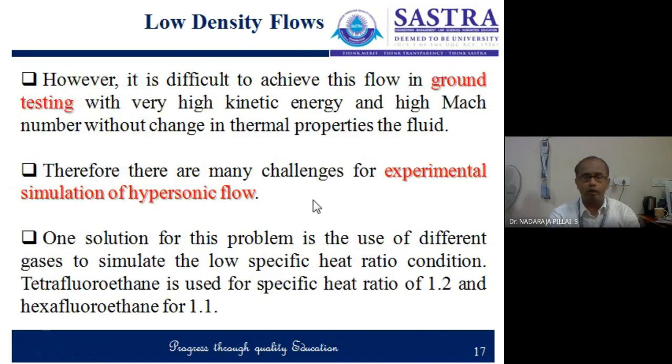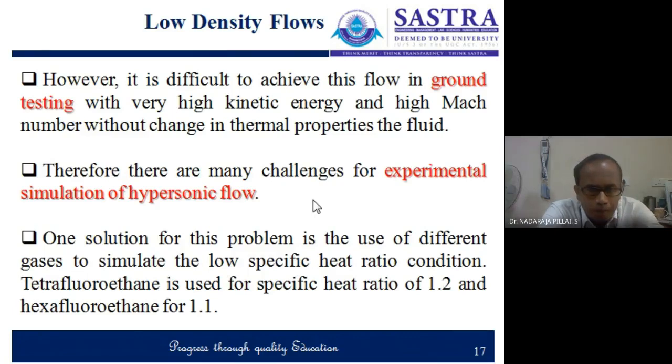So now there is a problem. We cannot simply simulate this on a laboratory scale. Like, we can run one full day of low speed wind tunnel and 30 seconds of supersonic wind tunnel, but we cannot do that experiment for hypersonic flow on a laboratory scale, because it is difficult to achieve this flow with very high kinetic energy and high Mach number without a change in the thermal properties of the fluid, right?